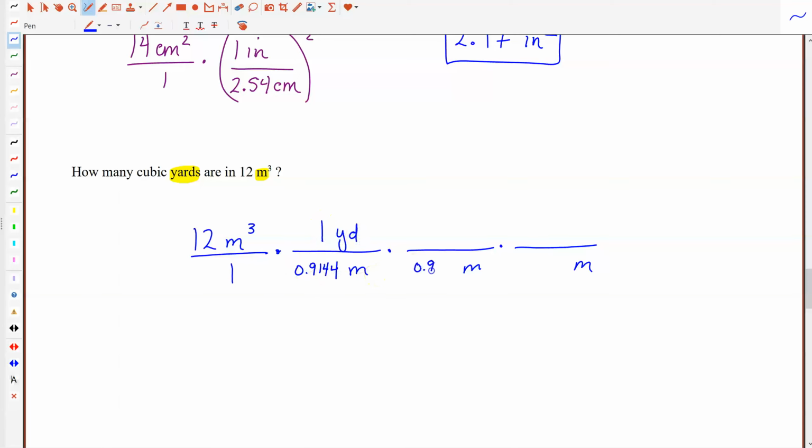So the 0.9144 will always go next to my meter label, which is in the denominator, and my 1 yard information will go in the numerator. My cubic meters cancel with the meters in the denominator, and I'm left with yards times yards times yards, or cubic yards upstairs.